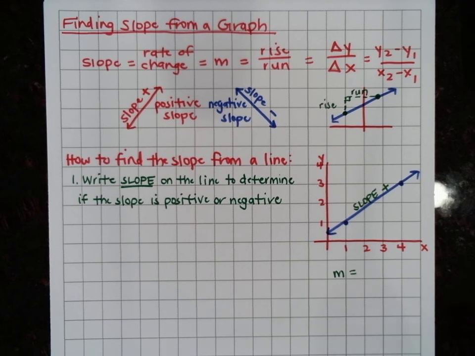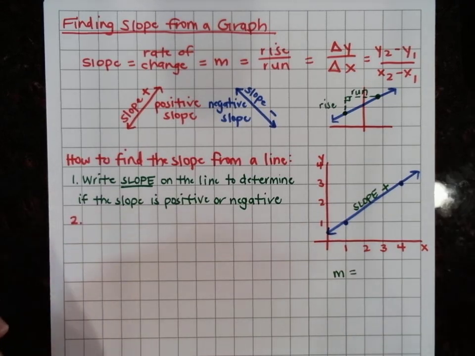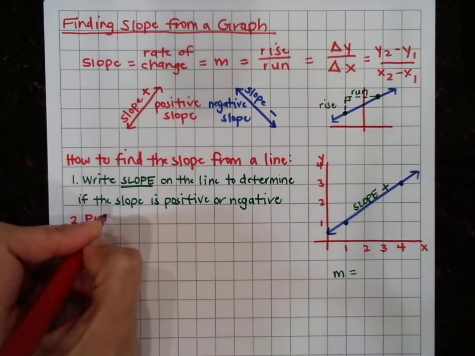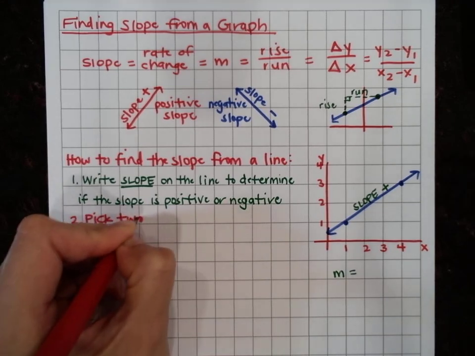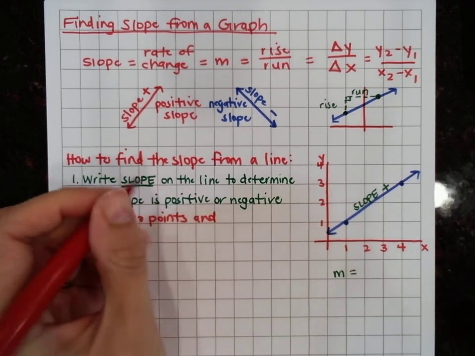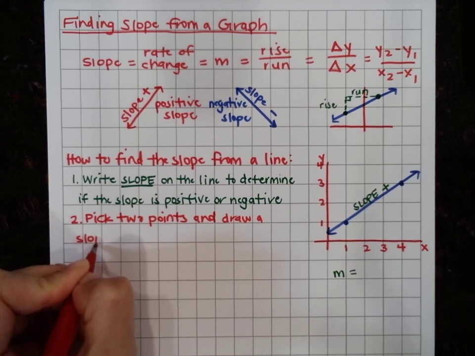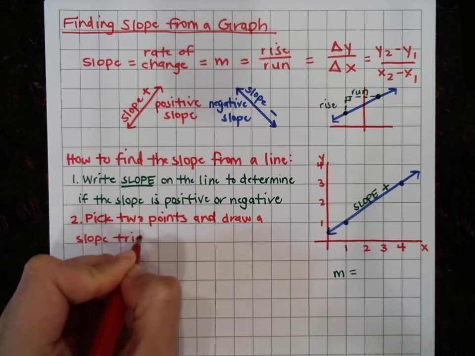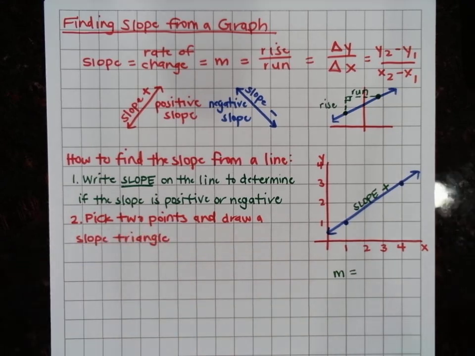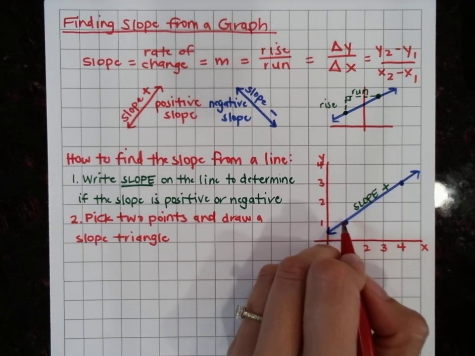The next step is we have to pick 2 points and draw a slope triangle. Okay, so our slope triangle has to form a 90-degree angle.